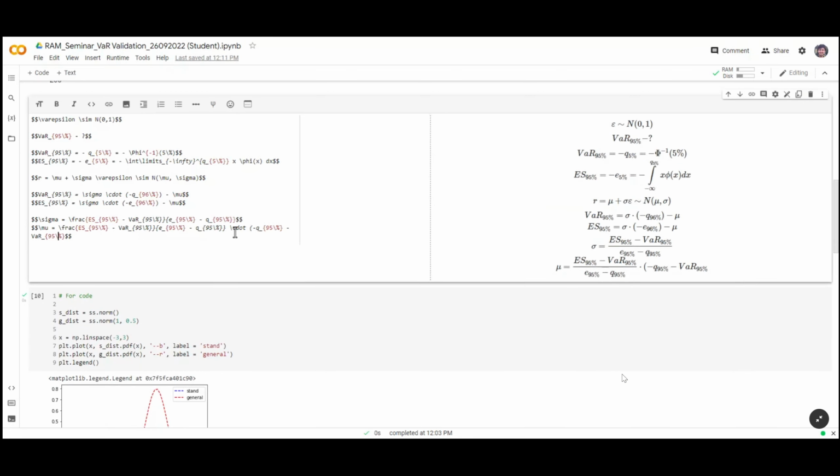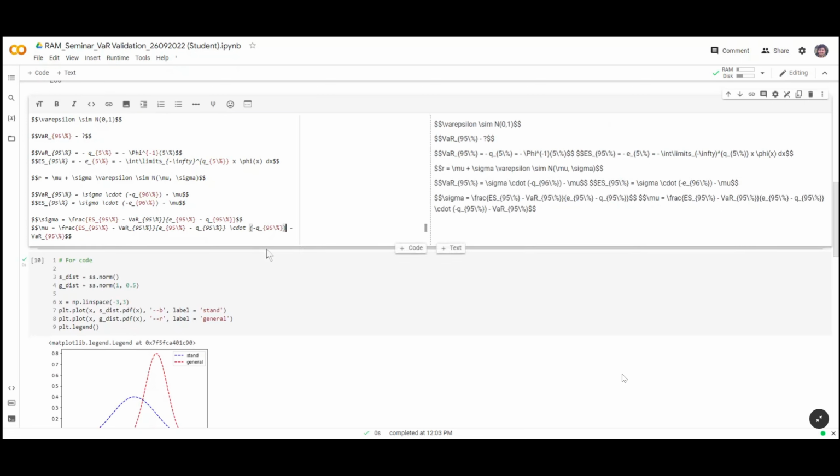That's it. This parenthesis here. All right.